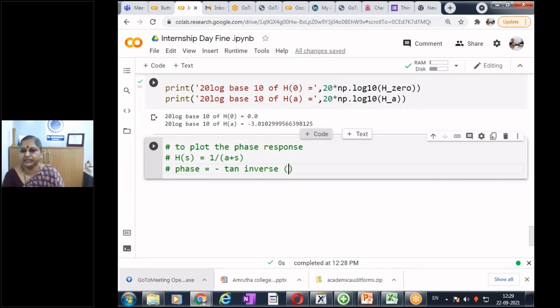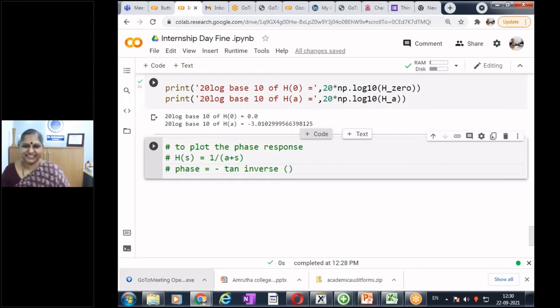How do I get the phase? Minus tan inverse of... very good.